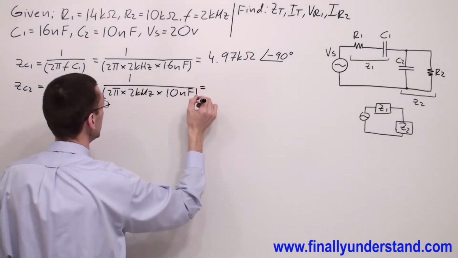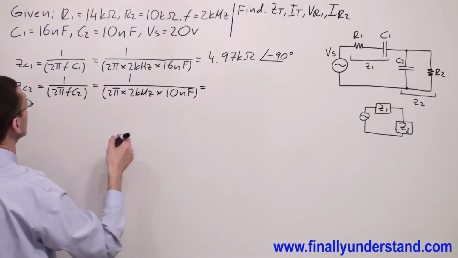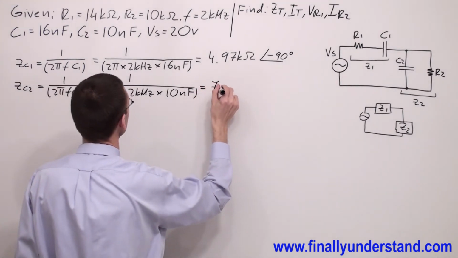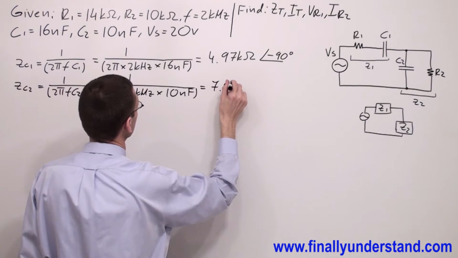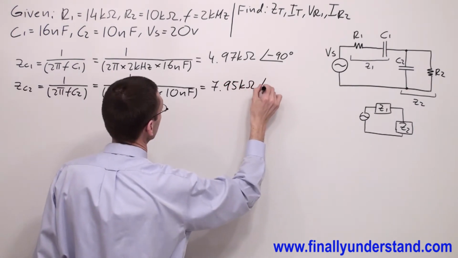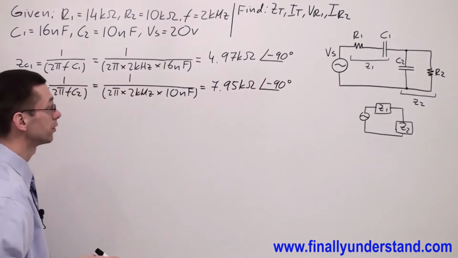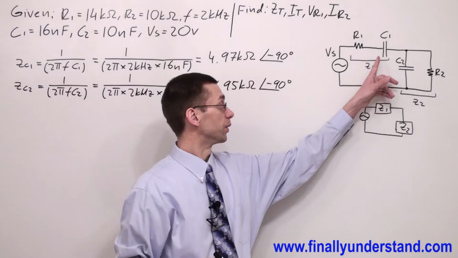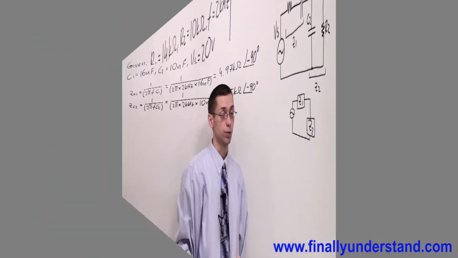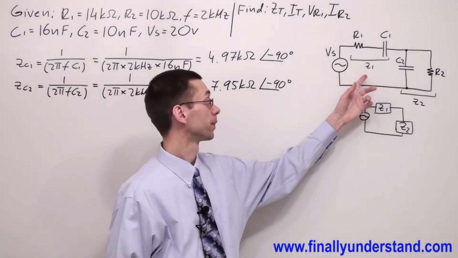Close parenthesis equals, of course, you're supposed to use the calculator, and you're supposed to obtain the value of 7.95 kilo ohms and angle of negative 90 degrees. So I found the impedances of the capacitors.